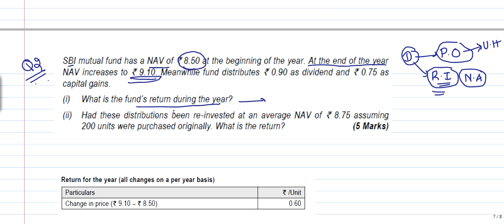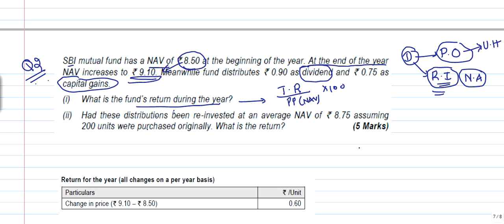Fund return is simple: whatever the total return is, divided by purchase price NAV, into 100. So define total return. Total return is whatever you get as a dividend, whatever you get as a capital gain, whatever your NAV increases.